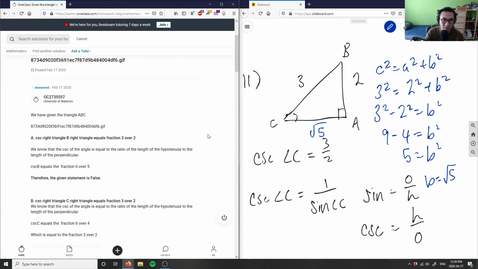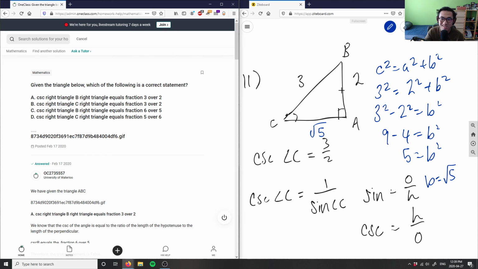This was the given triangle for triangle C. Let me label that here. Triangle C here would have been the correct triangle for this Waterloo solution. So this here is, again, question 11.